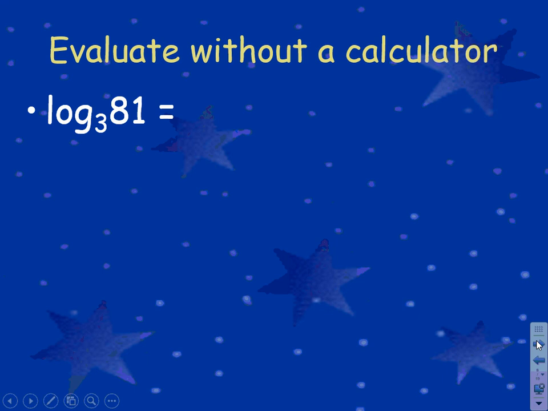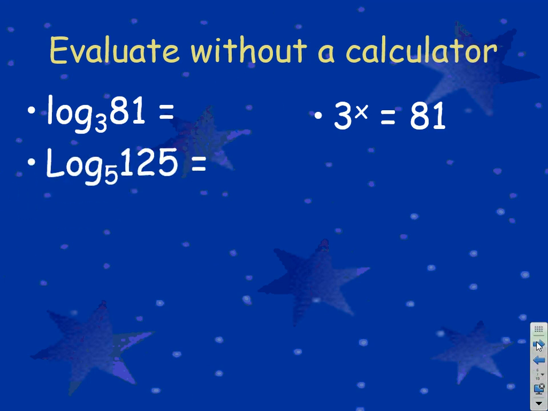Because you're thinking 3 to what power gives me 81. So I could put a variable there and say 3 to what power is going to equal 81. And you said your answer was 4.